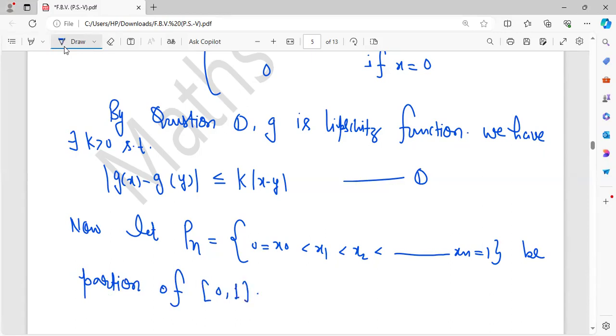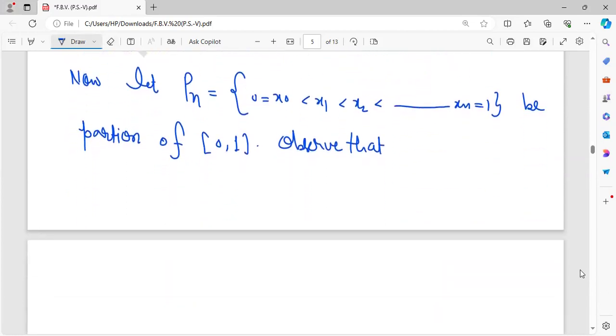Now observe that g(x to the power alpha minus beta) is nothing but f(x).